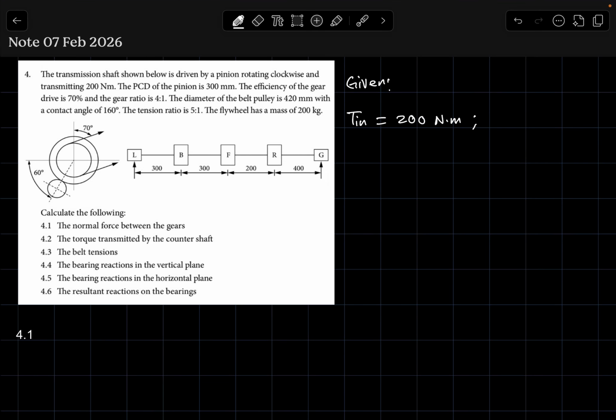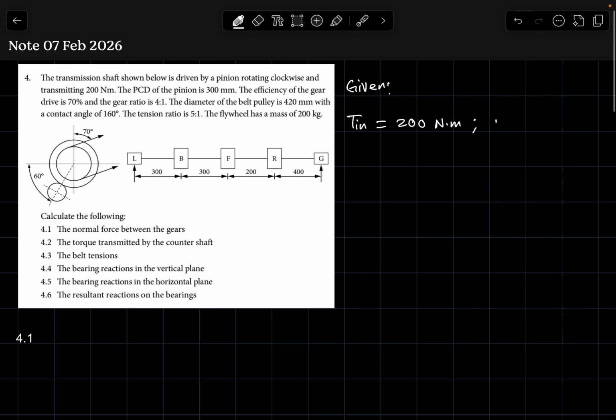The PCD of the pinion is 300 millimeters. The pinion is fitted with the input shaft, so we can take this as PCD in is equal to 0.3 meters.